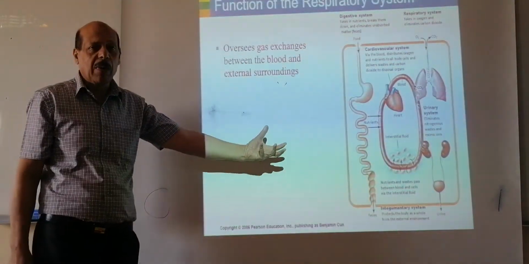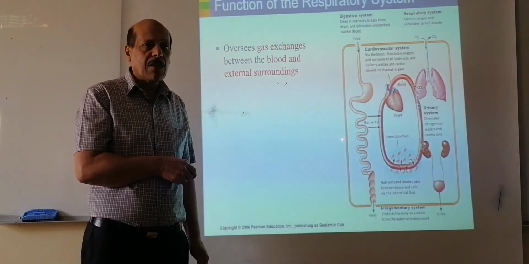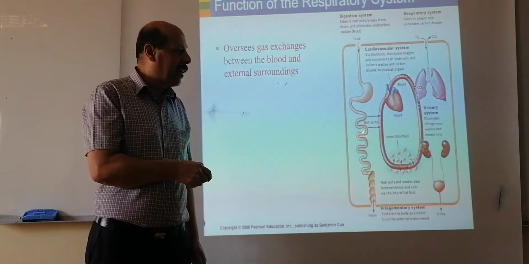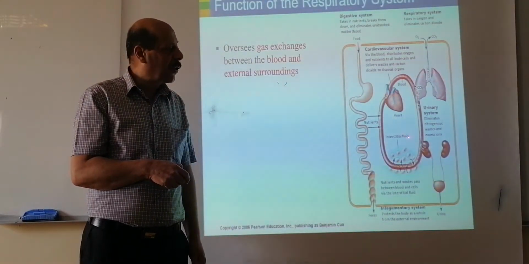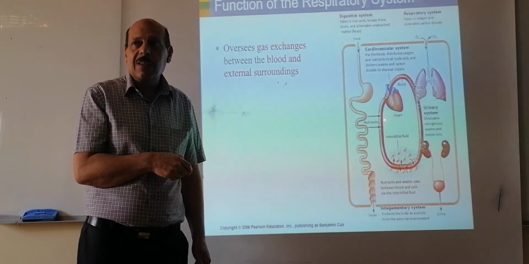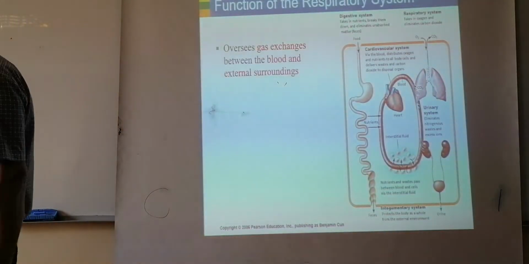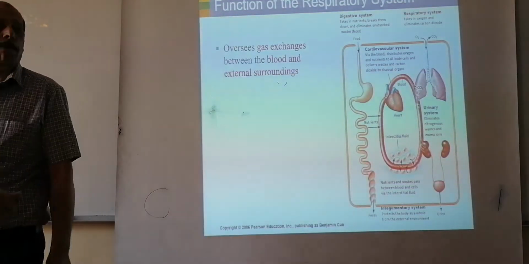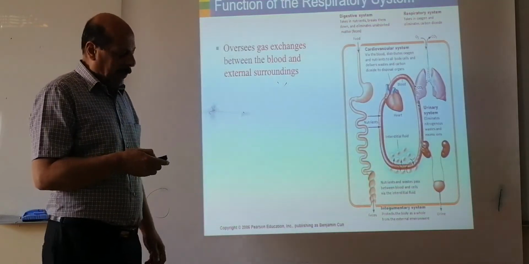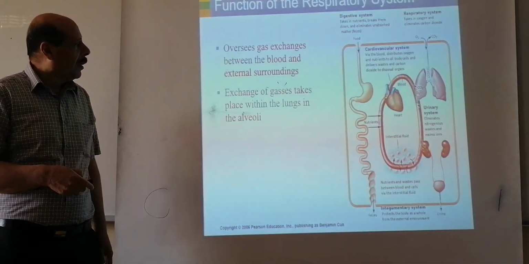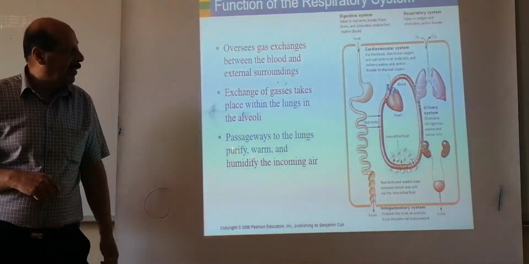So the food that we are taking, the nutrients that are absorbed from the gastrointestinal tract, will also be circulating in the blood and going to the tissues, and inside the tissues they need metabolism. So it needs the oxygen for the process of it. So exchange of gases takes place within the lung and the alveoli.